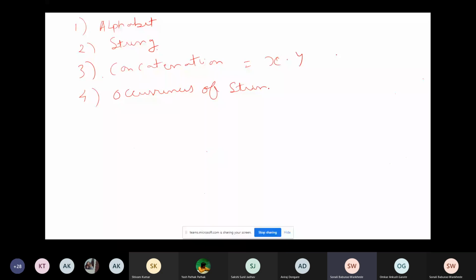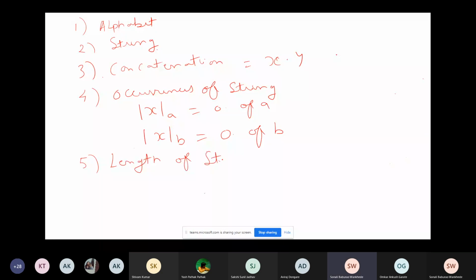If my expression is mod x of b, it denotes the occurrences of b. Then the fifth one is the length of a string, and it is denoted by mod of x. Suppose x is a string, then the length of the string is given by mod of x.